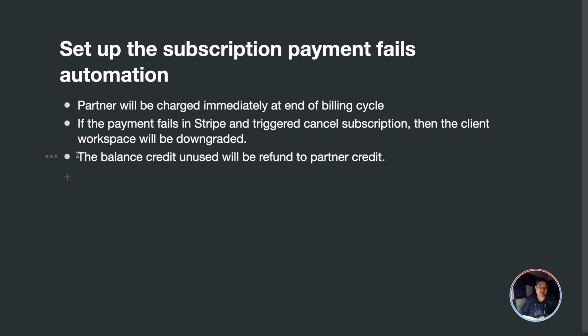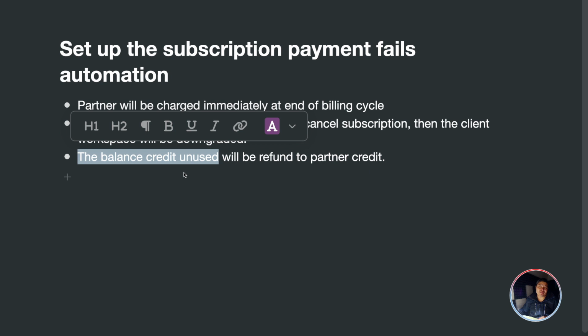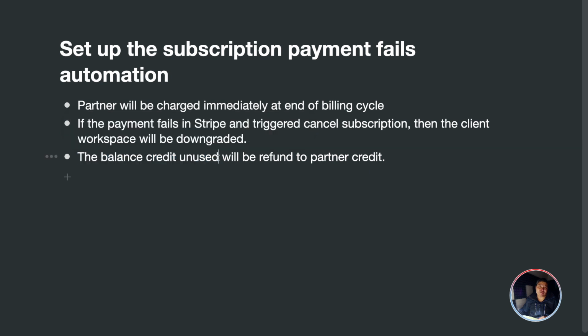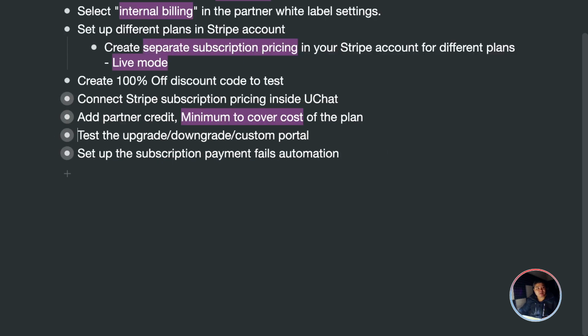And the unused balance credit: for example, if we downgrade the workspace after 1 day, you will only be charged 1 day for that workspace, and the balance credit will be refunded to your partner credit. So that's how UChat handles the subscription failure. And I think that's about it.